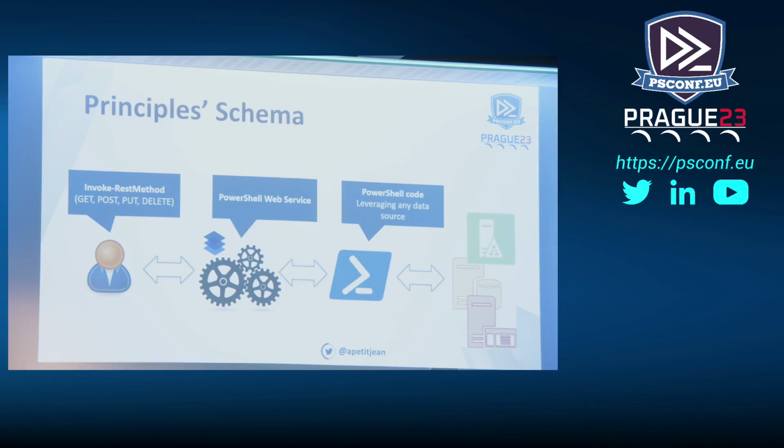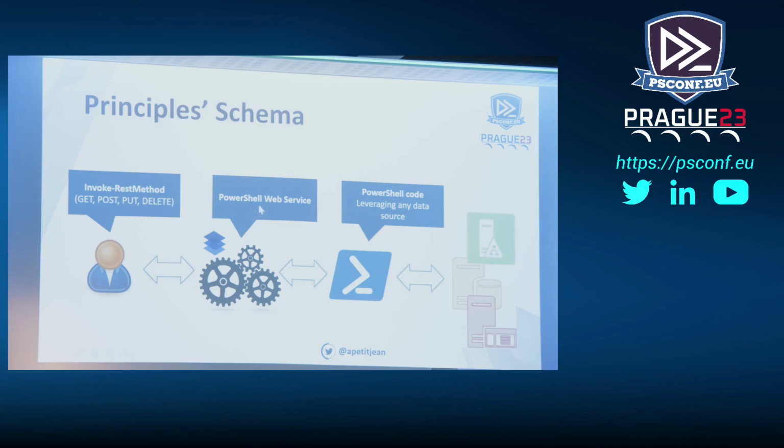But before, just a little schema. Imagine you're the user and you will use, for instance, Invoke-RestMethod, but we could also use Invoke-WebRequest. It's up to you. The principle is you interact with a PowerShell web service.